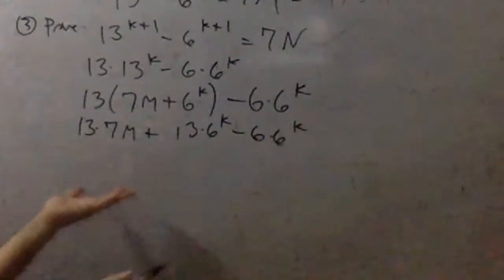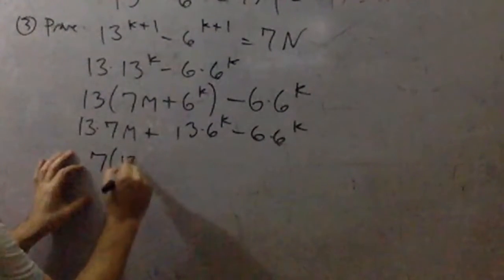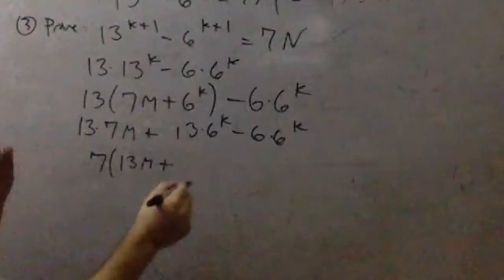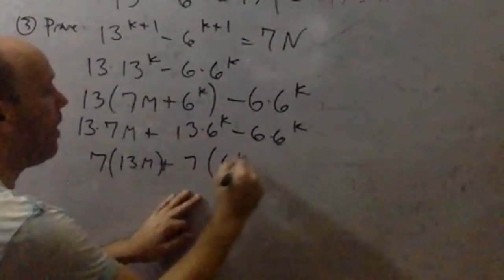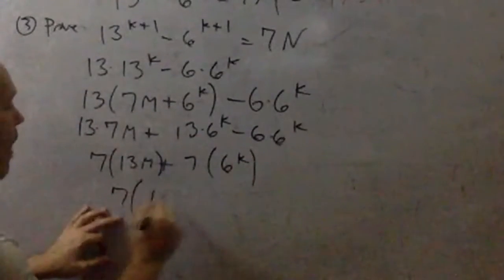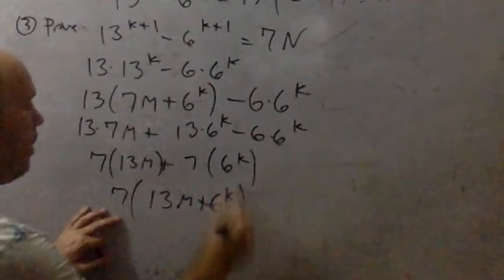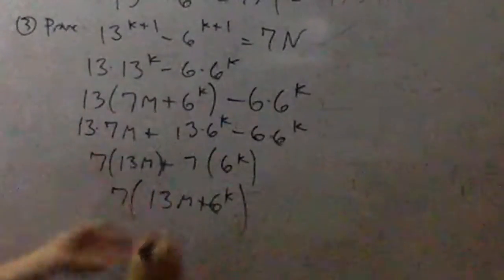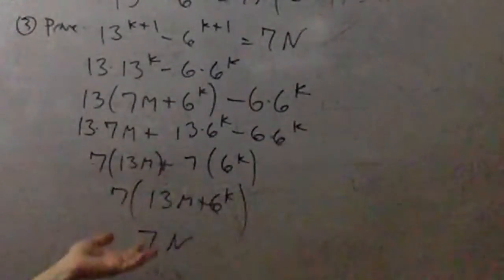Well, this works out pretty nicely because we have 7 times 13m plus 7 times 6^k. And if both of these are divisible by 7, the whole thing is divisible by 7. And this is our n. Nice.